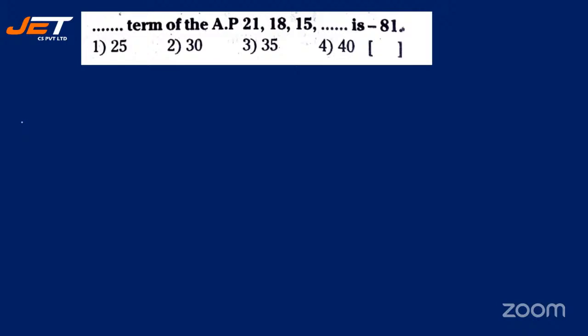See here: 21, 18, 15 and so on is minus 81.